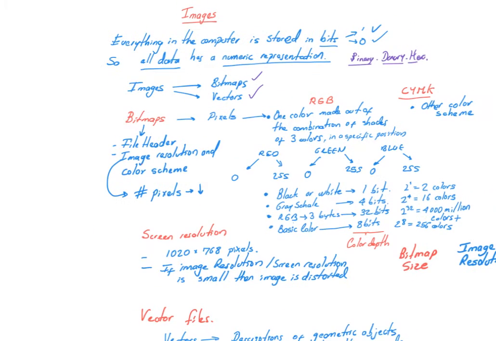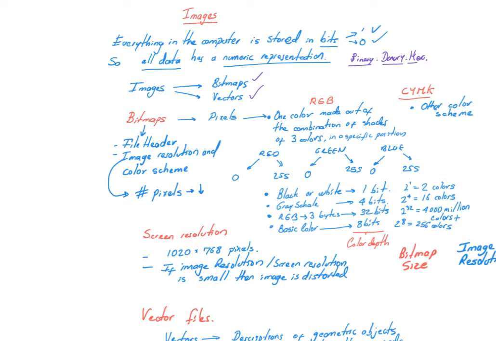Now, bitmaps are just a grid of pixels. And what's a pixel? A pixel is just a dot of one color, and this color may be made out of the combination of shades of three colors, for example, for the RGB system.